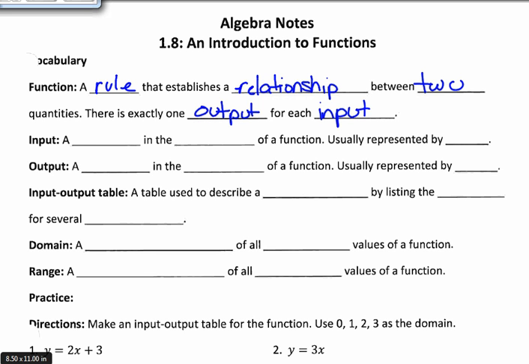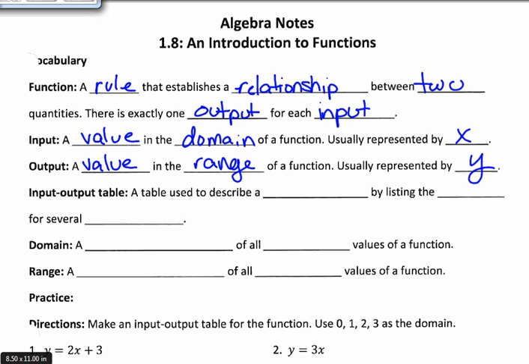An input is a value in the domain of a function. In algebra, we usually represent this by x, and the output is a value in the range of a function, usually represented by y.